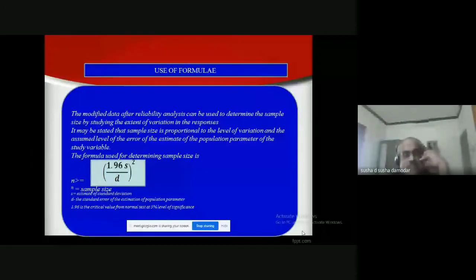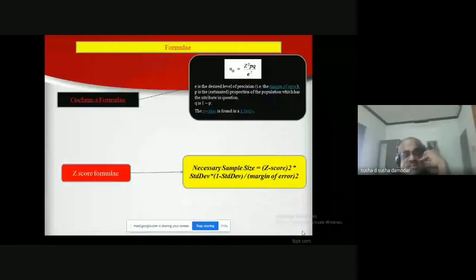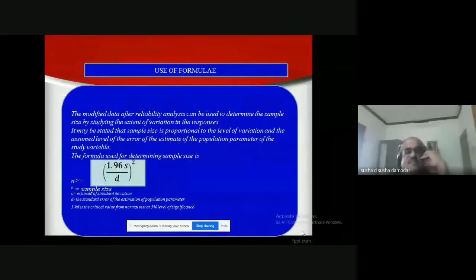But these two formulas are very complicated because we don't know when to apply, where to apply. But this is the most reliable formula for the fixation of sample size, because this formula can be applied against the data furnished by the respondents in the pilot study.